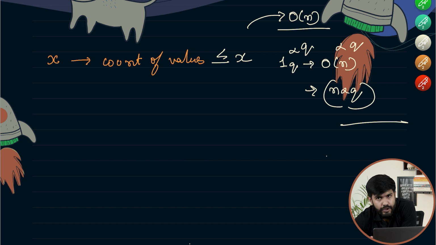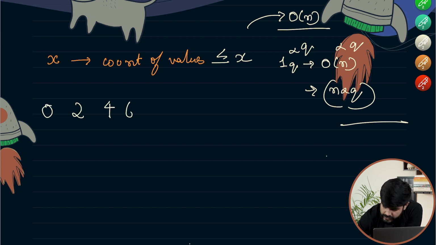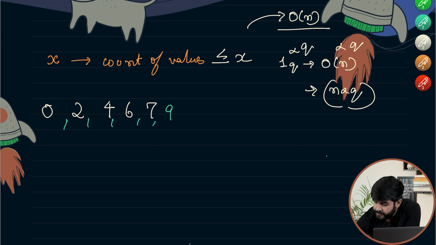So a better approach would be, let's say I have something like 0, 2, 4, 6, 7, 9. Okay.